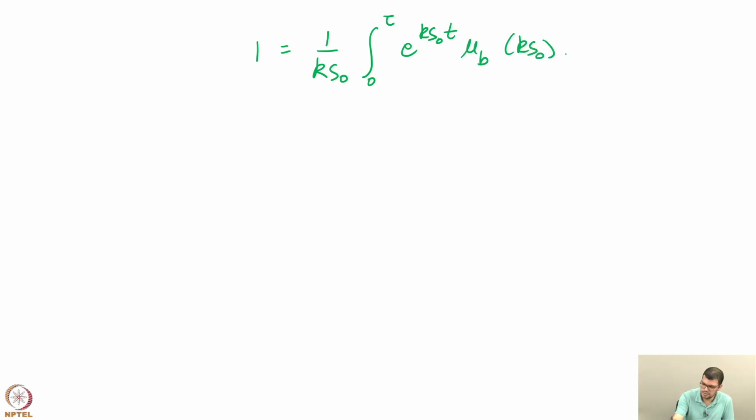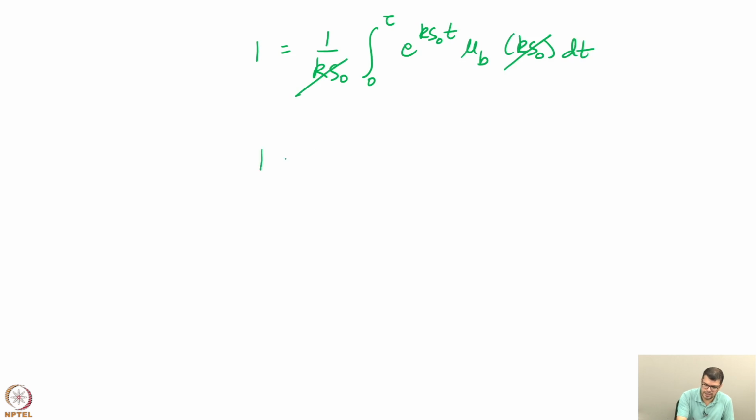Let me write this again. So, I have 1 equals 1 upon Ks naught, integral from 0 to tau of e to the power Ks naught into T, mu b Ks naught dt. This is just copied from the last slide. This Ks naught cancels.